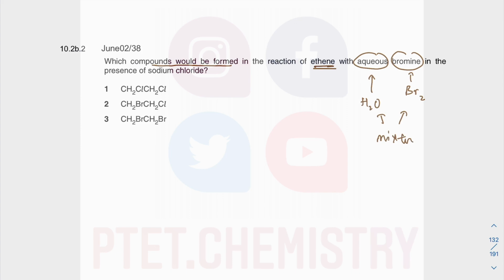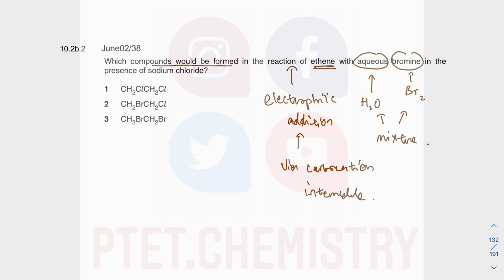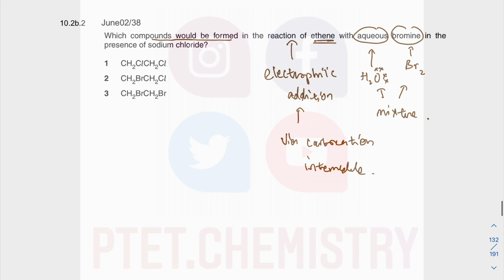This reaction is called electrophilic addition. It's one of the key mechanisms in A-level chemistry. They do give you major and minor products. They proceed via a carbocation intermediate, and that is very important, especially in relation to this question, because this and this can compete as nucleophiles based on the reaction mechanism.